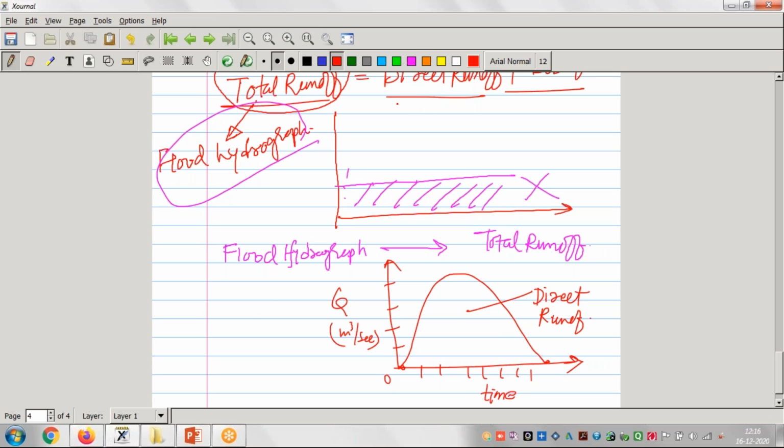So I will say that the hydrograph which represents the direct runoff will be called the direct runoff hydrograph.